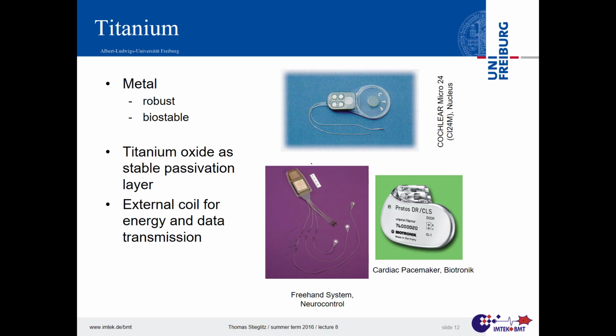And the most important thing, it comes with a native oxide. So if you have titanium and you make a scratch into that, you have bare titanium, and just seeing the ambient oxygen, titanium makes an oxide and closes that.